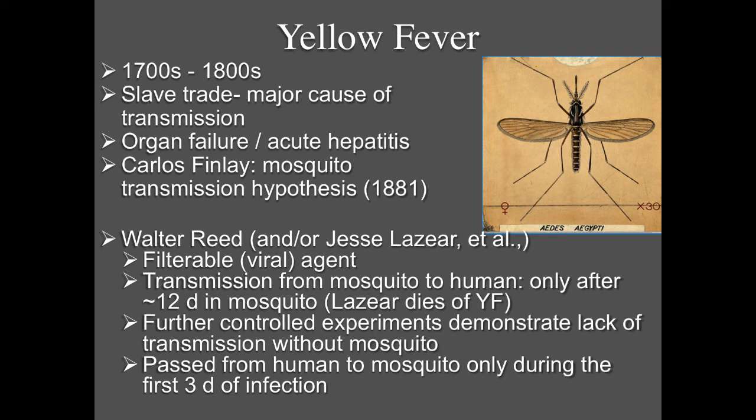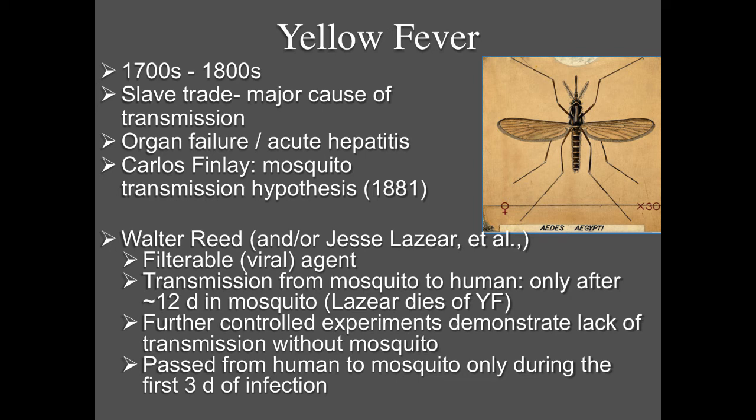The slave trade was a major cause of transmission. And as I said, the symptoms were quite often fatal. And in the late 1800s, a Cuban scientist named Carlos Finlay first proposed that maybe this is due to mosquitoes. And this idea bounced around for a while. It had its advocates and detractors.